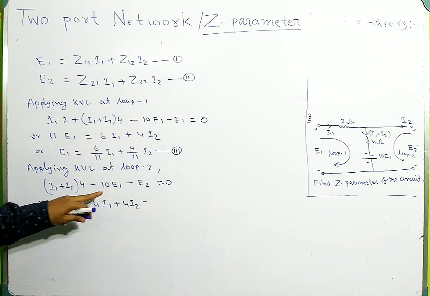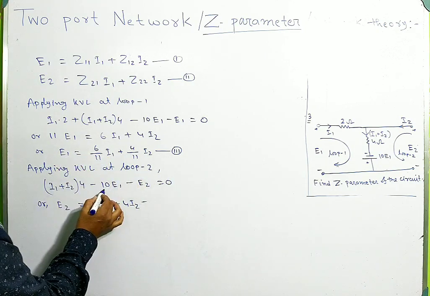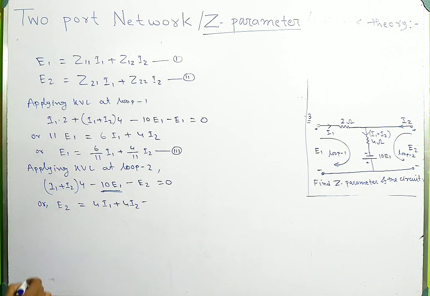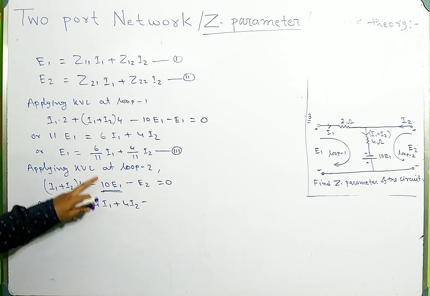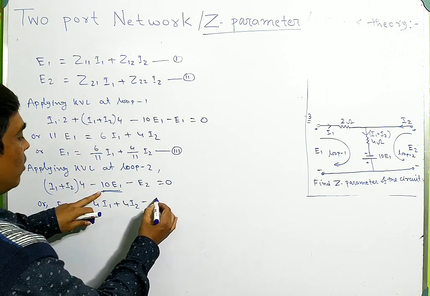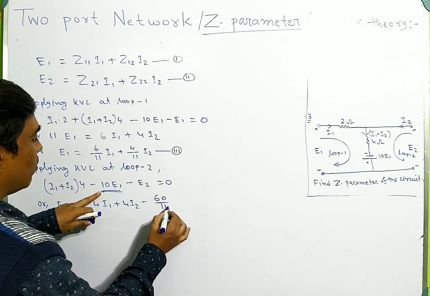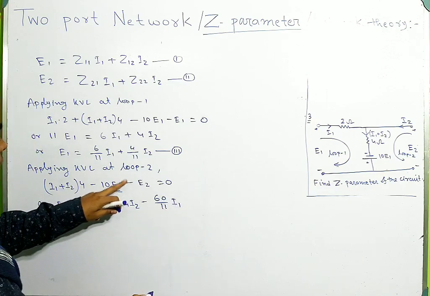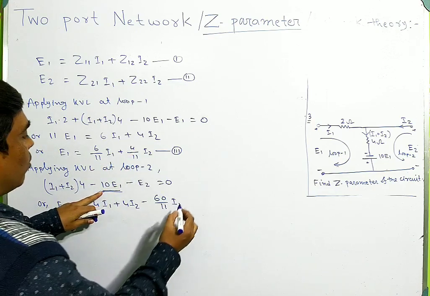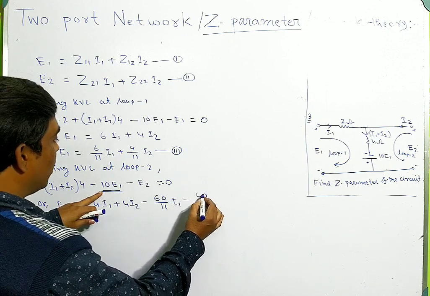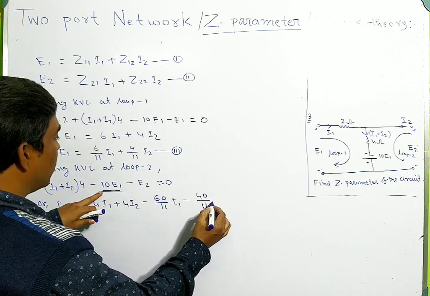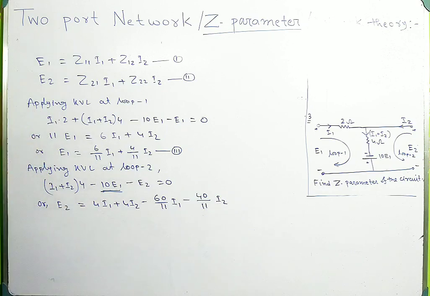If you put this value of E1 in this equation, you will get 10 times 6, so it will be 60 divided by 11 I1, and also minus 40 divided by 11 into I2.